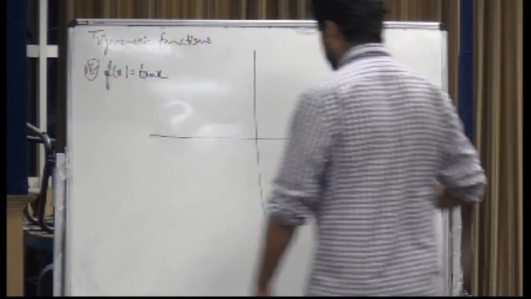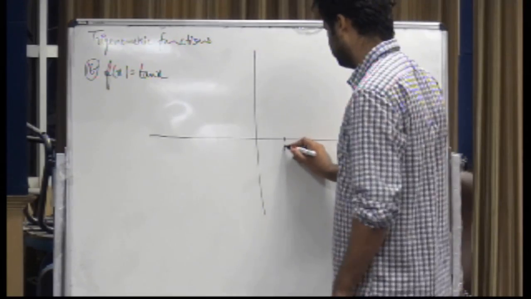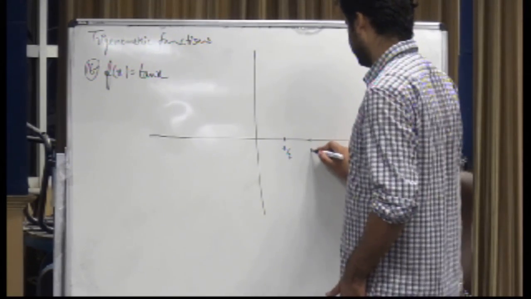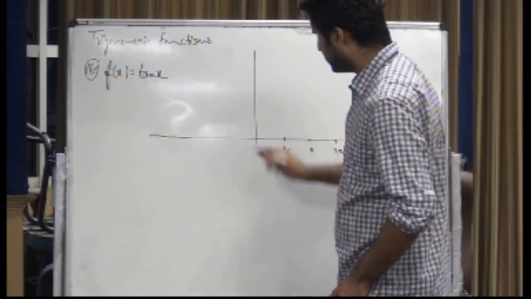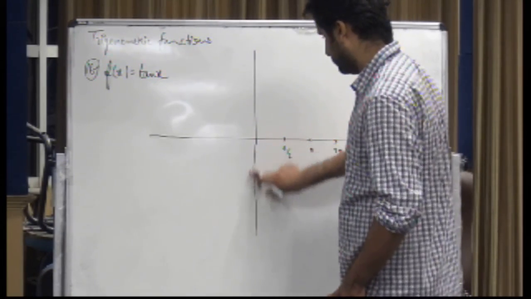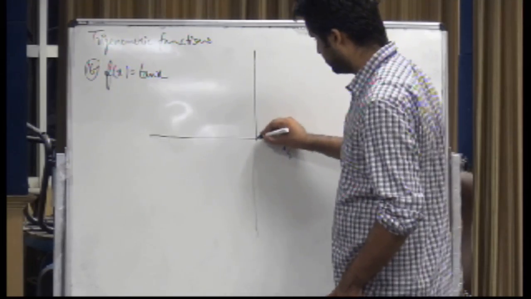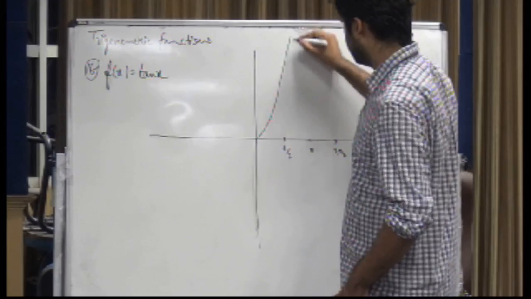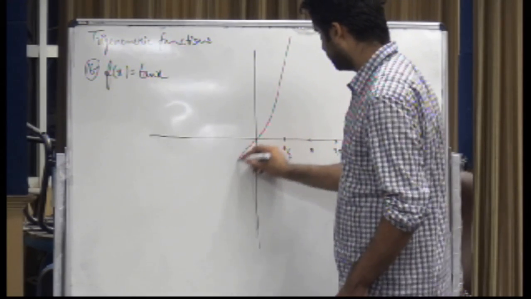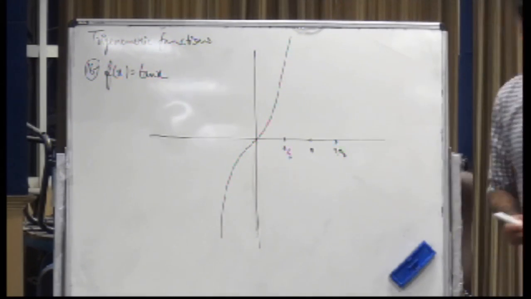So for f x is equal to tan x, pi by 2, this is pi, 3 pi by 2. So at pi by 2 the function is not defined. At 0 the function is 0, right. So the graph goes like this and here it goes like this.